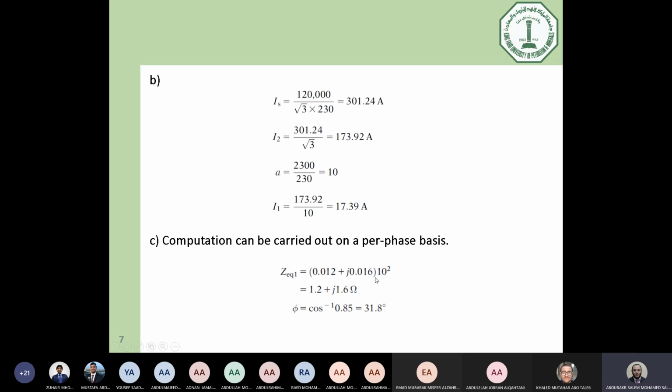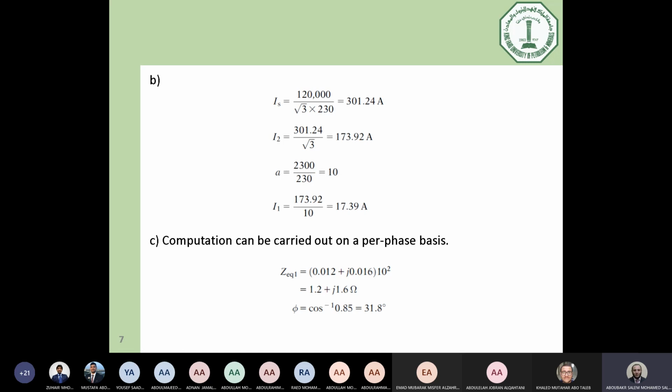Should we multiply or divide? In order to not be confused, now we are moving impedance from secondary to primary, is it right? Yes.